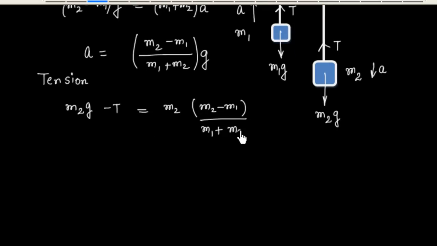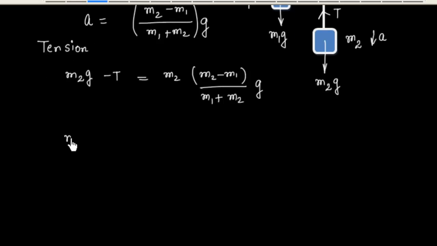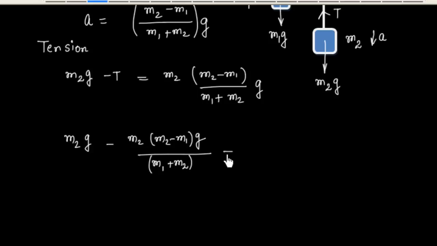So if I take this side, I will have m2z minus m2 into m2 minus m1 into z divided by m1 plus m2. This is basically equal to tension.